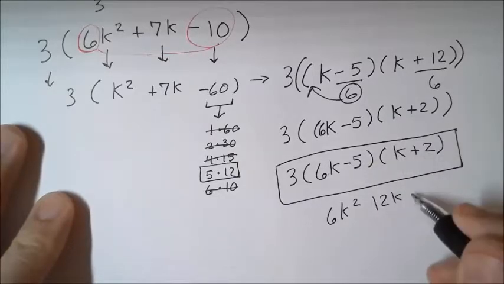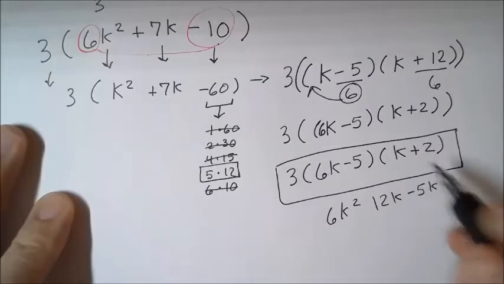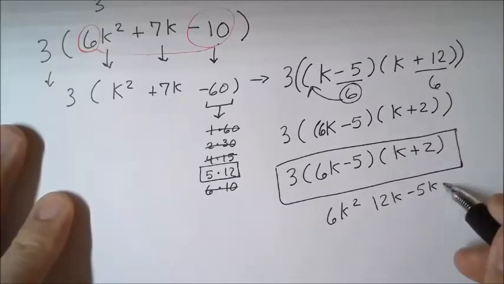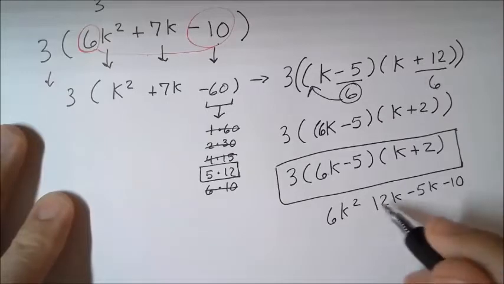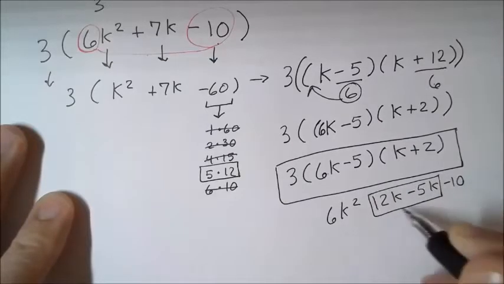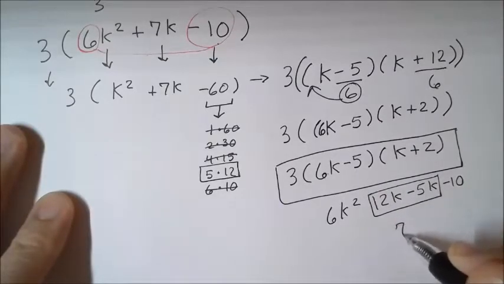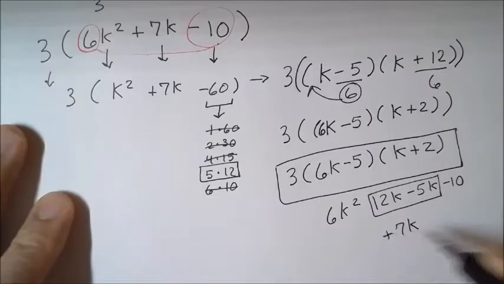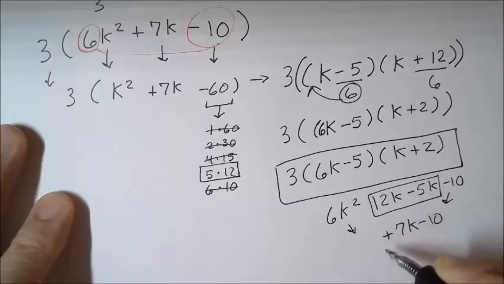Negative 5 times k would give me negative 5k. And negative 5 times 2 would give me a negative 10. So if I combine my like terms right here, 12k minus 5k is going to give me 7k. And it's going to be positive. Bring down my 10 and bring down my 6k squared.